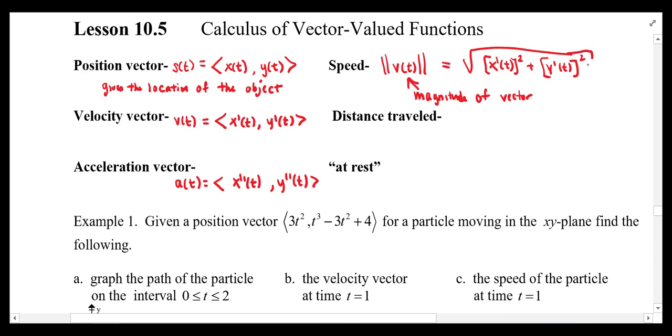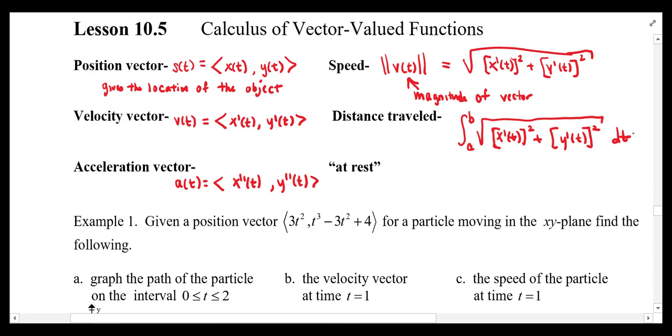Then two more things we need to know. Distance traveled, that's like the arc length, if you think about it. So yes, it's the integral from a to b of the square root of x prime of t all squared plus y prime of t all squared dt. Okay.